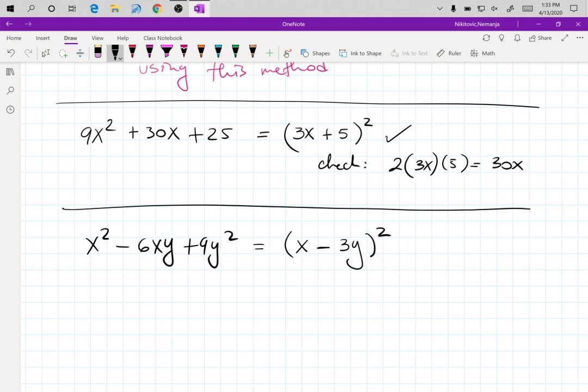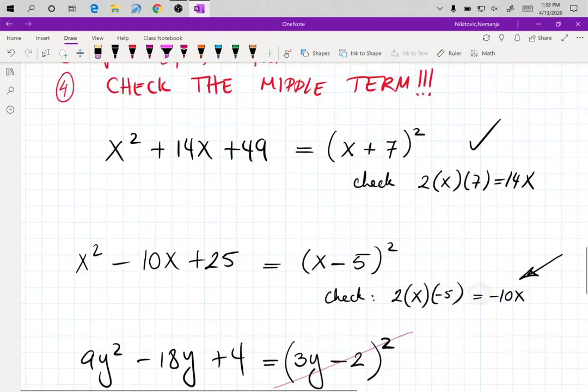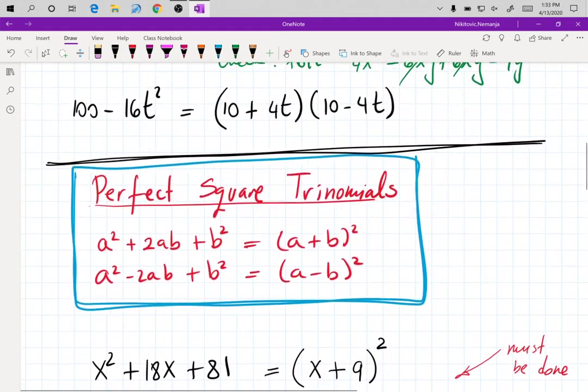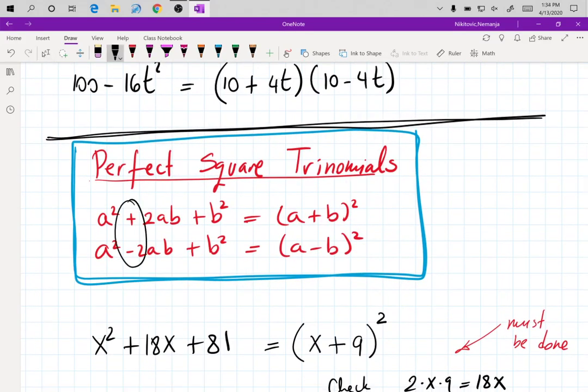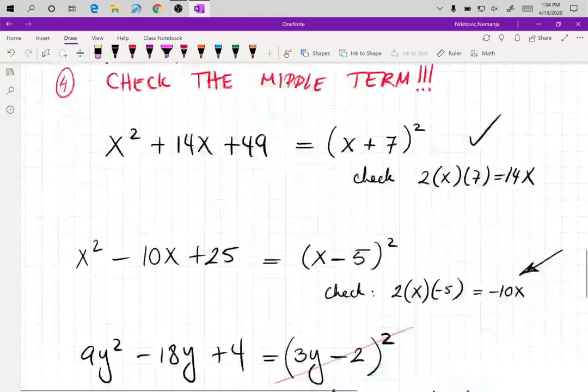Put everything squared. Square root of the 9 is 3, and then you have y squared, so take away the square, it's just 3y. Sign was negative on the second term, so we have a negative there. If you take a look at the formulas that I gave you earlier, positive and negative correspond to positive and negative in the factored answer. So make sure you have that.